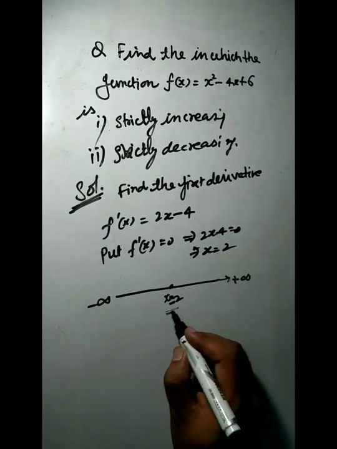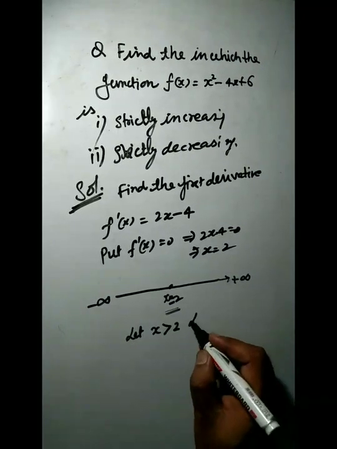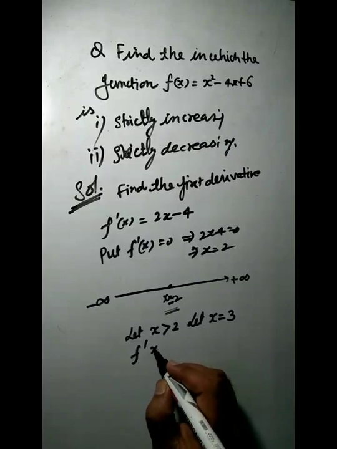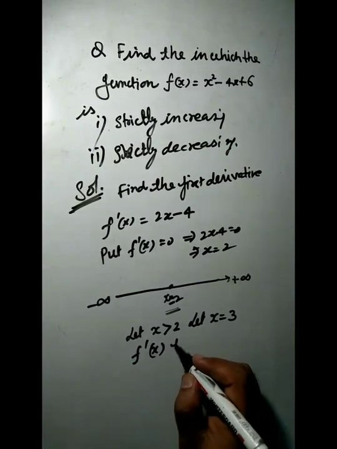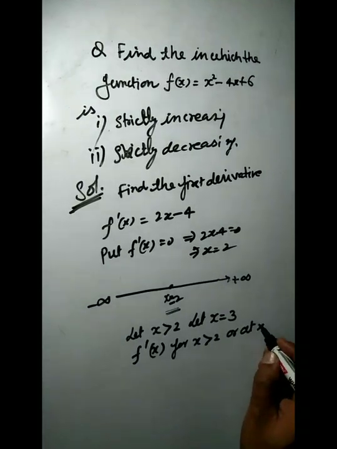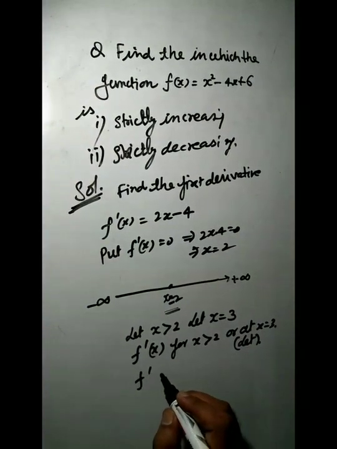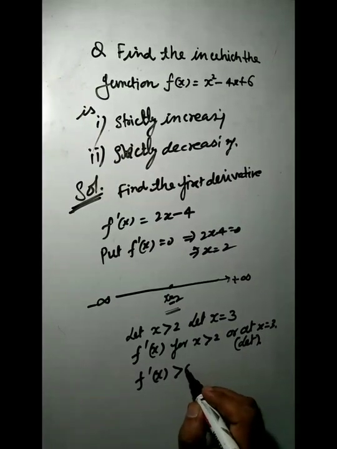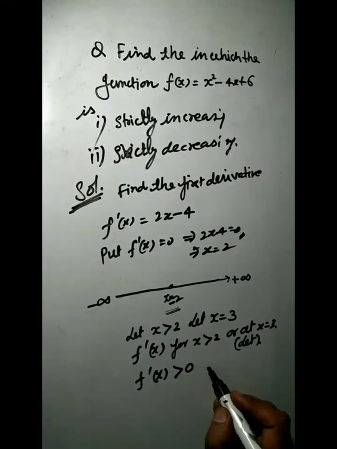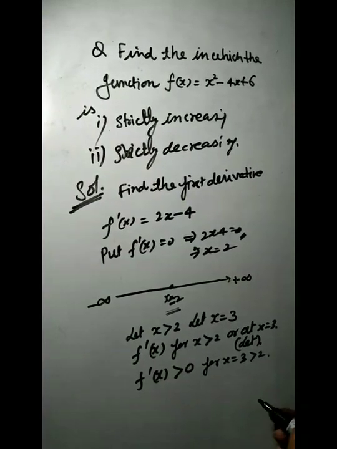Now beyond this point, let x be greater than 2. Let us check f dash x for x greater than 2, or at x equals 3, which is greater than 2 also, putting the value here.